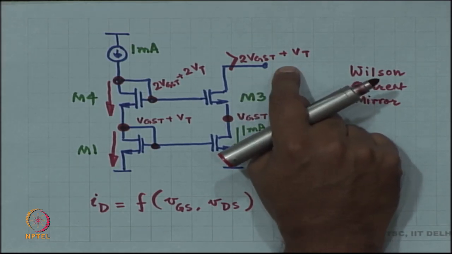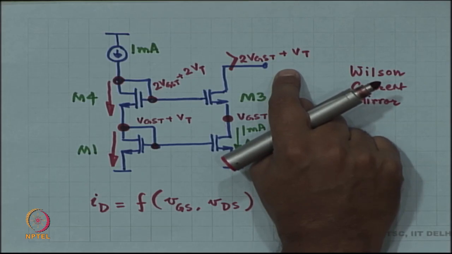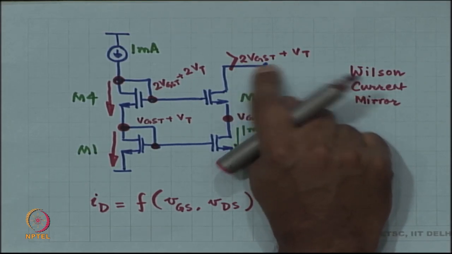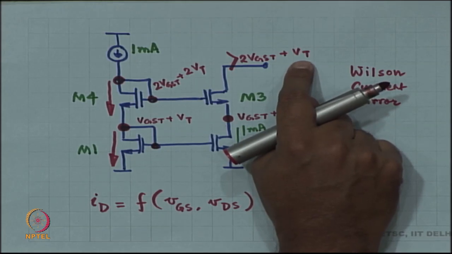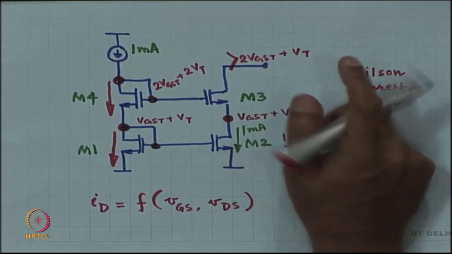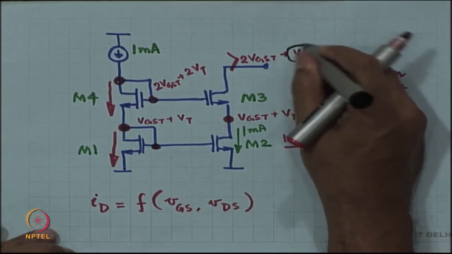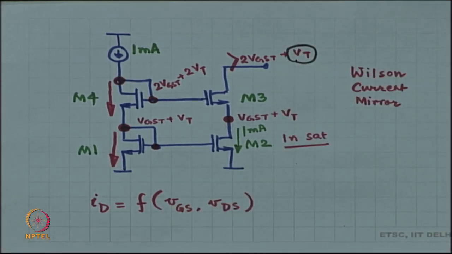The only problem is that this limit is fairly high, it is 2 VGST plus VT, where this VT factor is extra.